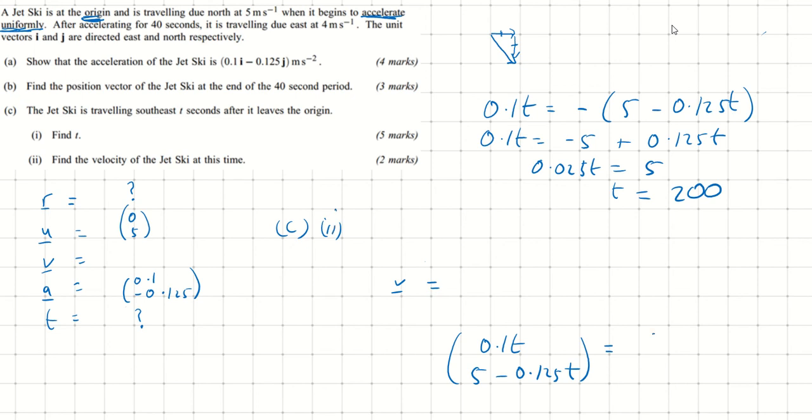I get 0.1 times 200, and 5 minus 0.125 times 200. That gives me 20 and minus 20. So that's my velocity at time 200. It's 20 to the east and 20 to the south. So you can indeed see that the velocity is correctly travelling in the southeast direction.